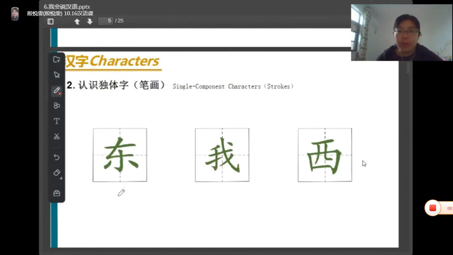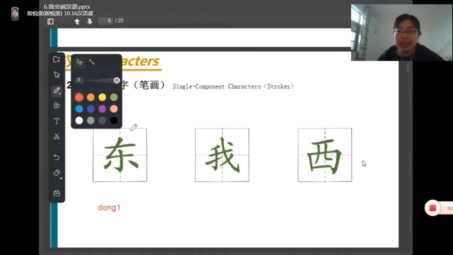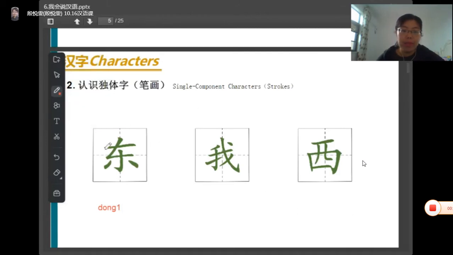First one, 东, the first tone. It means east. How to write it?